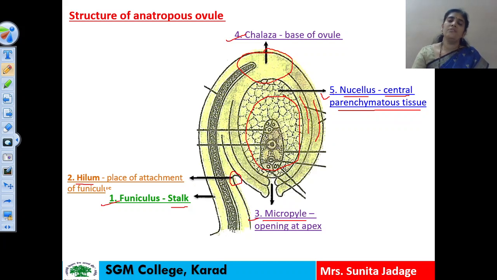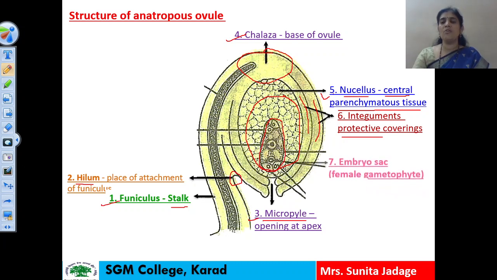A two-layered covering is present around the nucellus, and these two coverings are known as the integuments, which are protective in nature. The inner covering is known as the inner integument and the outer covering is known as the outer integument. Inside the ovule, in the central part, this oval region present inside the nucellus is known as the embryo sac or female gametophyte, which is the actual fertile part of the ovule.